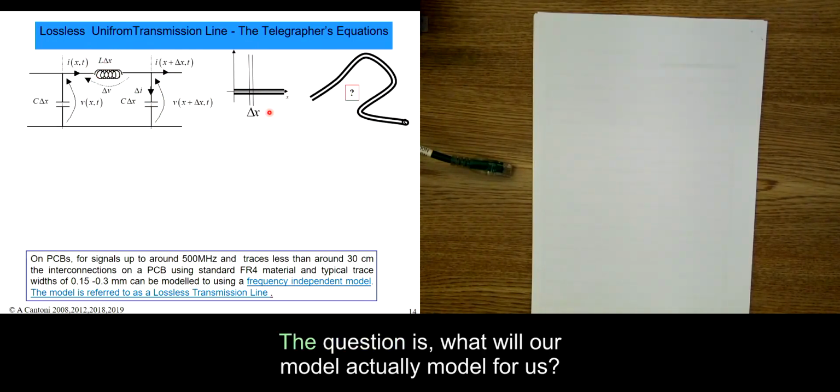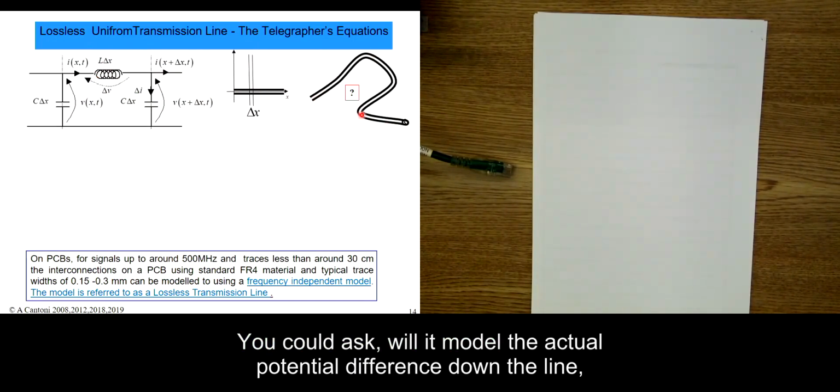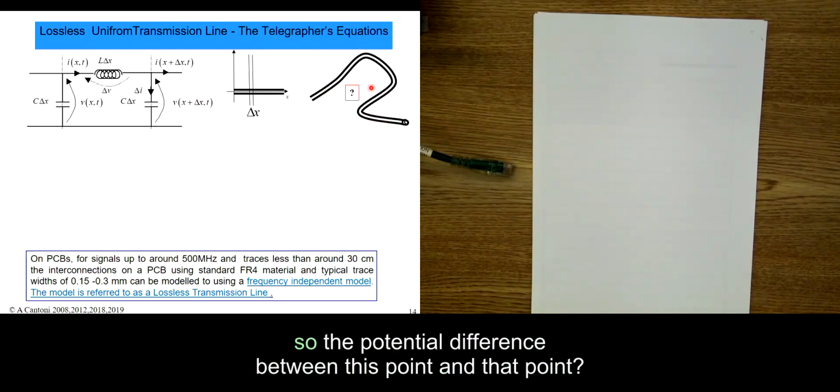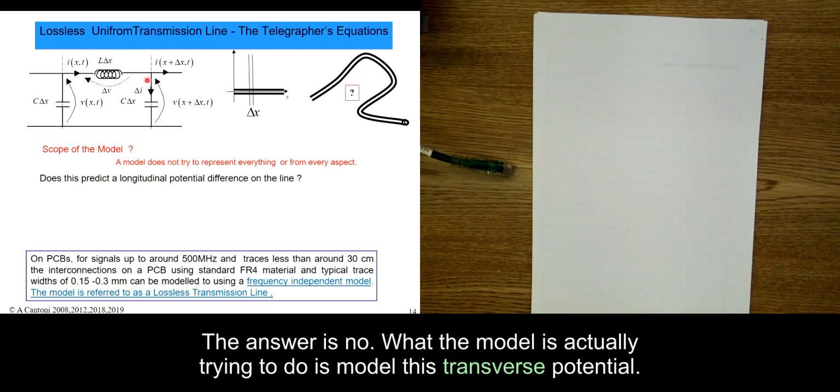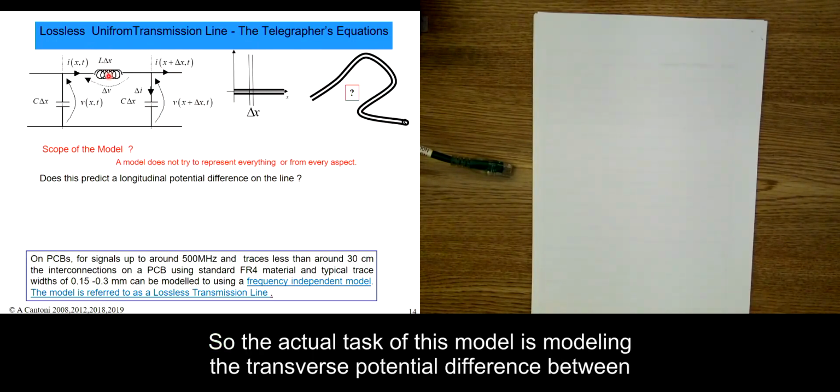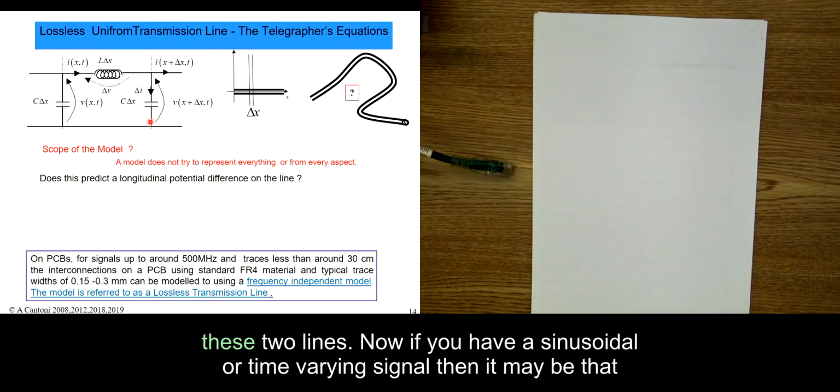The question is, what will our model actually model for us? You could ask, will it model the actual potential difference down the line, between this point and that point? And the answer is no. What the model is actually trying to do is model this transverse potential difference between these two lines.